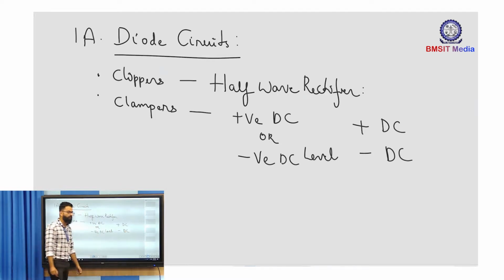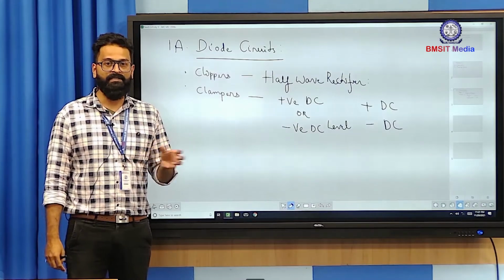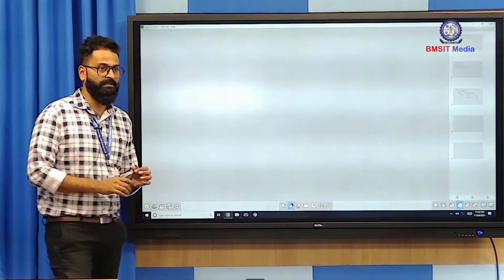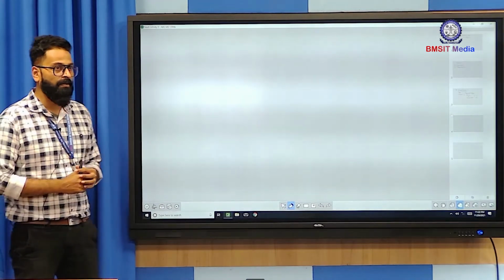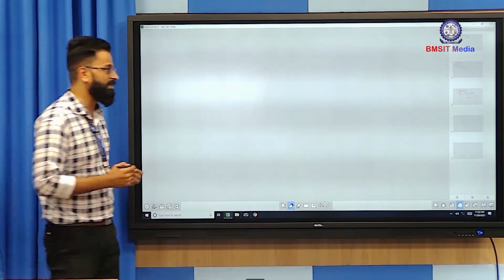So basically, a clamper is a circuit which adds a DC level to the incoming waveform. This being the brief introduction about module 1A, now we can get into the exact details of module 1A. So let's start with clippers.